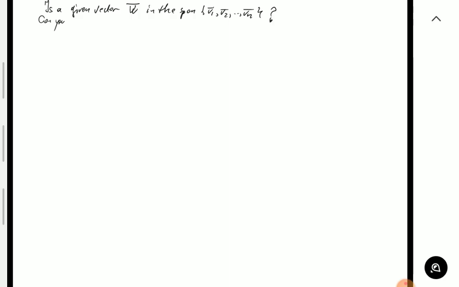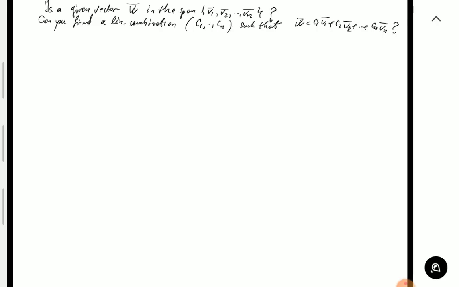Can you find a linear combination, which is to say, can you find a bunch of scalars C1, C2, Cn, such that W can be written as C1 V1 plus C2 V2 plus dot dot dot Cn Vn? That is the question, like in Shakespeare, to be or not to be, that is the question.